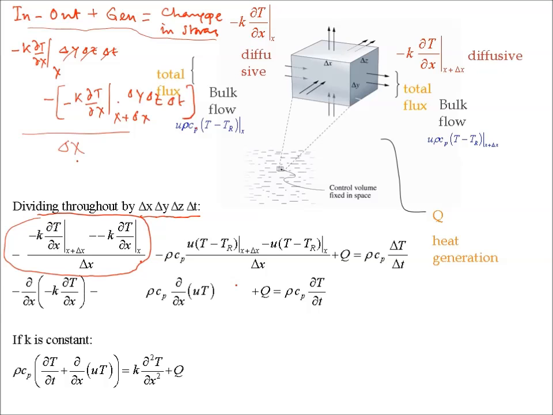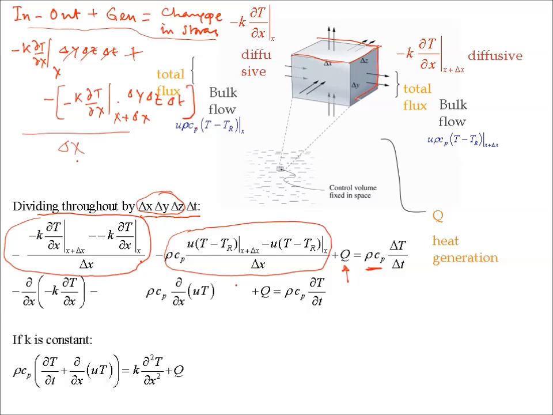You do the same with the convective term that was there next to it, and then you get this term. This is nothing else but rearranging the terms and dividing by delta x, delta y, delta z, delta t. And then for heat generation you get this one, and for the change in storage we get rho Cp del T over del t.